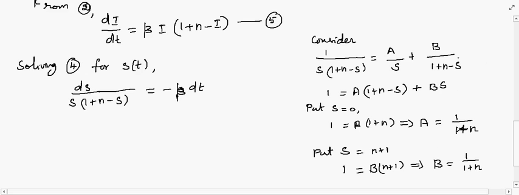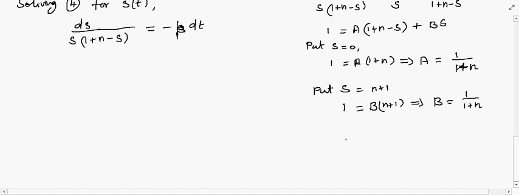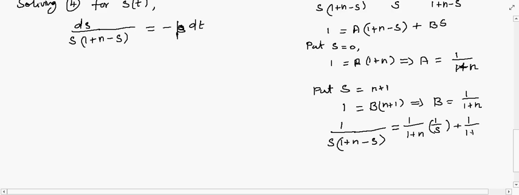Substituting in this equation, you get 1 by s into 1 plus n minus s equal to, a is 1 by 1 plus n, so 1 by 1 plus n into 1 by s plus 1 by 1 plus n into 1 divided by 1 plus n minus s.